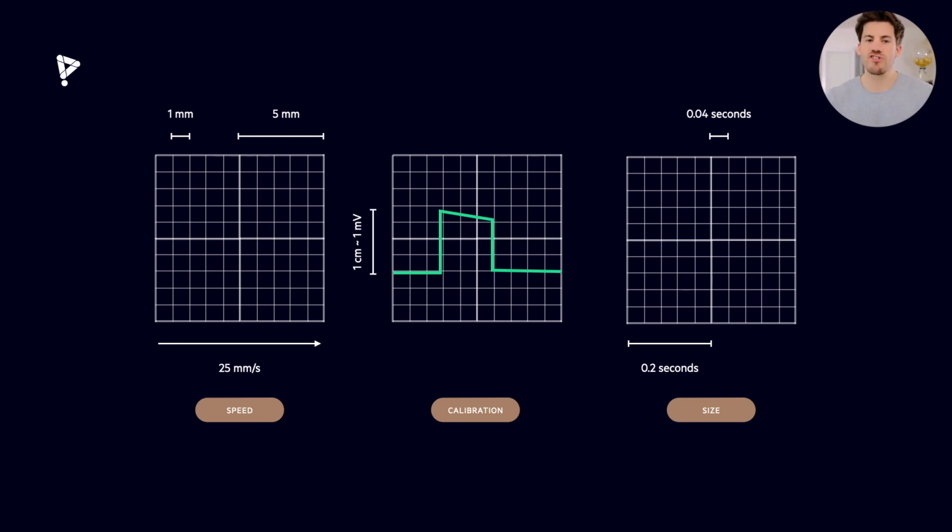With the calibration, generally 1 centimeter or 10 millimeters is equivalent to 1 millivolt. And then with the size, each small square is equivalent to 1 millimeter, as we said, or 0.04 seconds, or 40 milliseconds. And the large squares, which are 5 small squares together, are 5 millimeters, or 0.2 seconds. So these are some basic calibrations to remember.